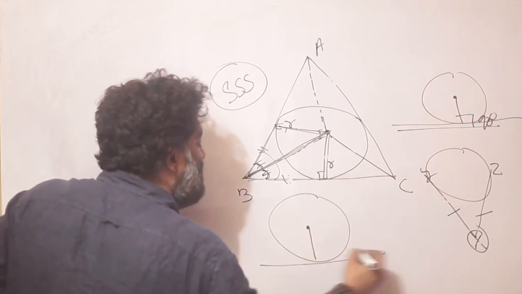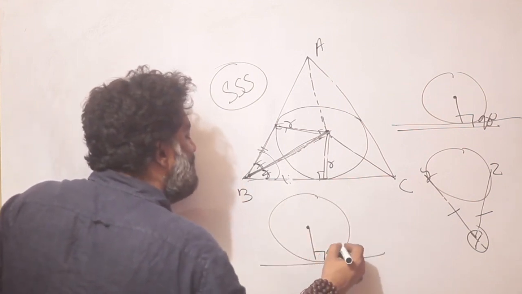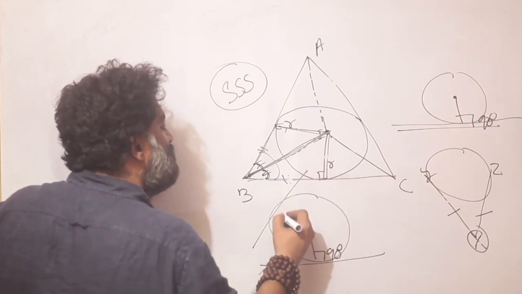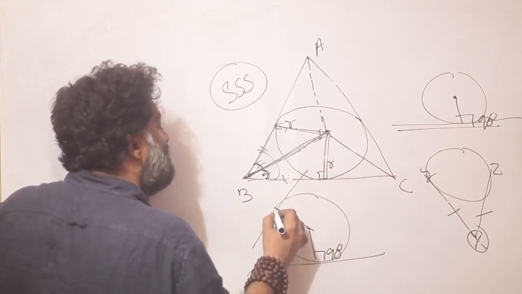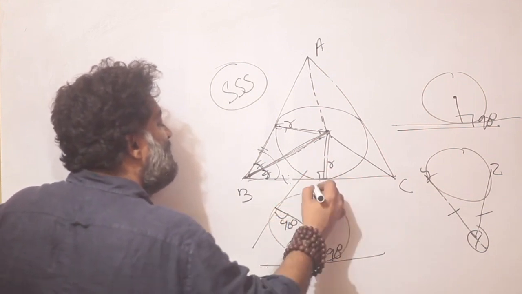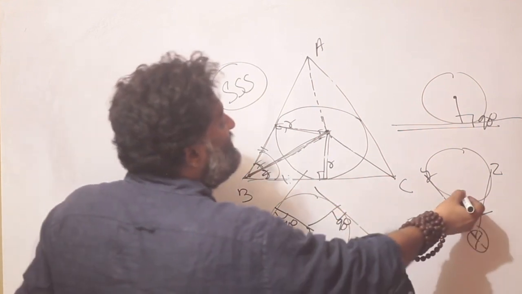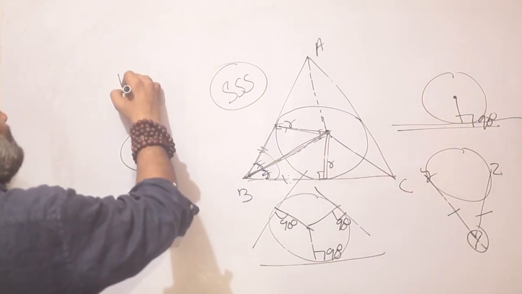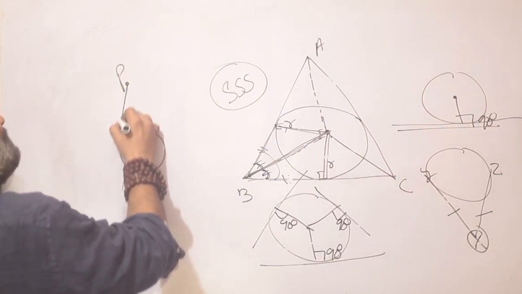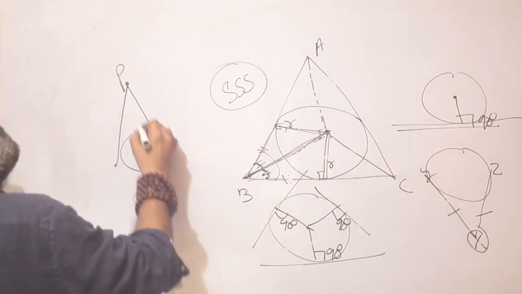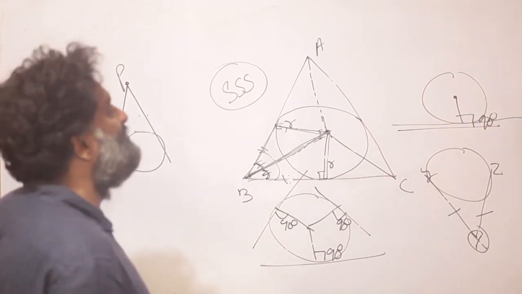The radius creates a 90-degree angle with the tangent. Wherever you want to create it, the angle created by the radius will always be 90 degrees. And the other idea is that if you have a circle and you create another point P outside it and drop two tangents, these two tangents are going to be equal to each other.